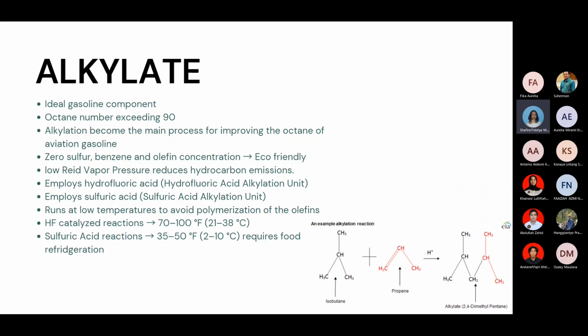Now, alkylation runs at low temperatures to avoid polymerization of the olefins, as explained before, and the temperature required for the hydrofluoric acid catalyzed reaction is about 21 to 38 degrees Celsius, while sulfuric acid is lower than that, about 2 to 10 degrees Celsius, and requires refrigeration.